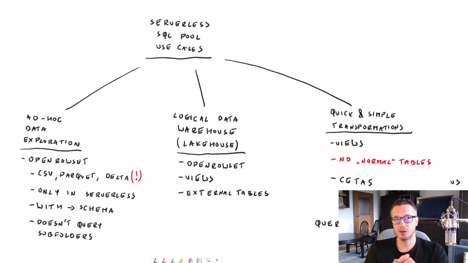In case of dedicated, we know that we've got those distributions that we can optimize for our queries. We can distribute the data, we can index it in a way that would speed up our queries. So basically, dedicated SQL pool will probably be faster to respond to your queries than serverless.